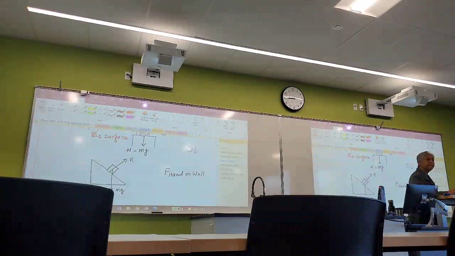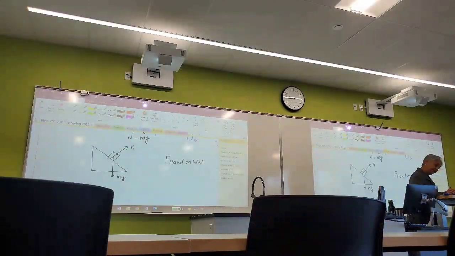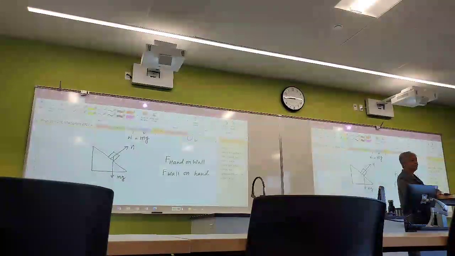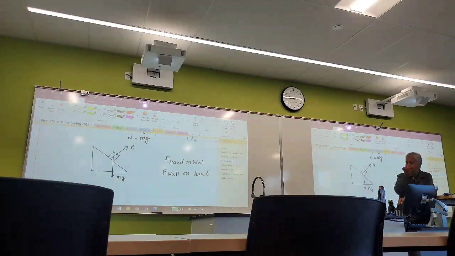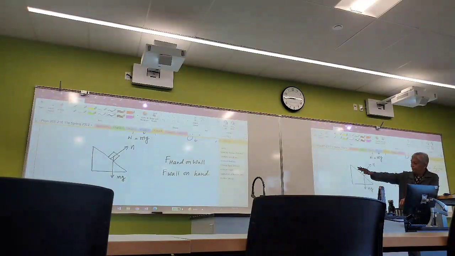Yes? And is there a force of the wall on the hand? It has interesting consequences, which is very surprising. So is this good? What did I do? I just changed the words, right? Hand wall, wall hand, isn't it?